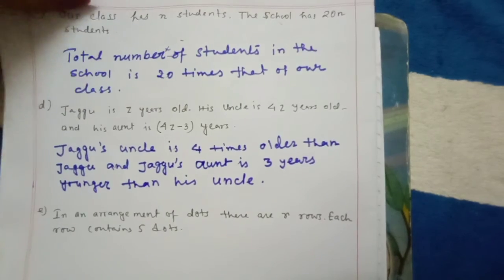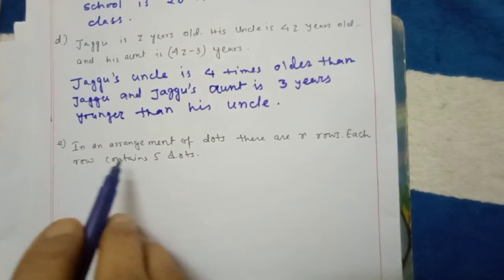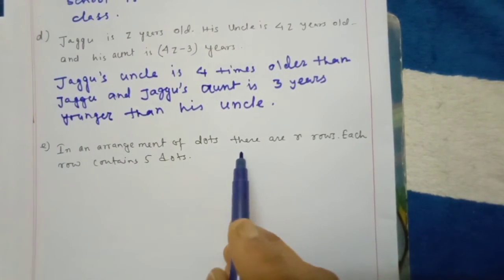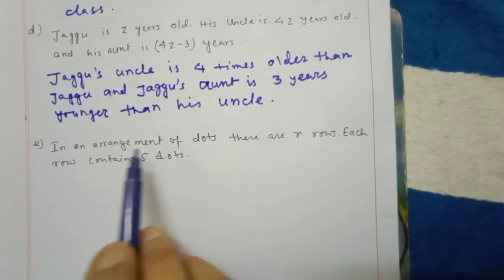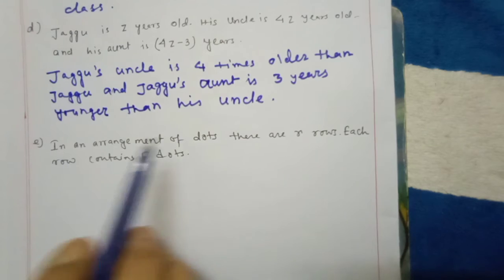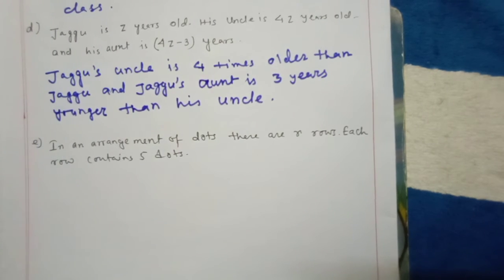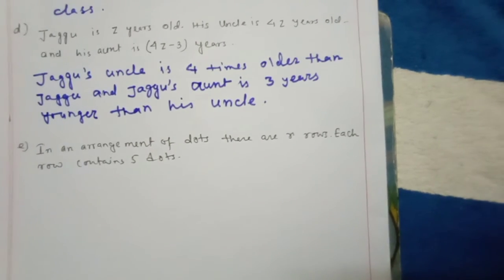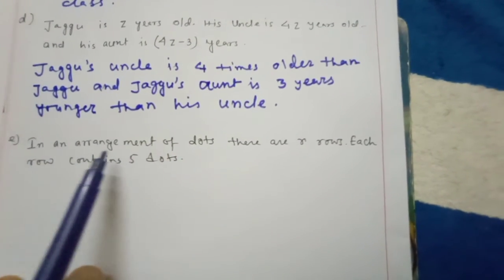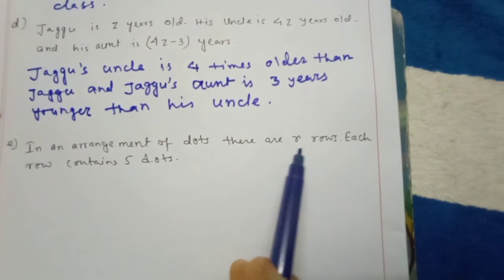Okay, now come to the next question. In an arrangement of dots, there are rows.